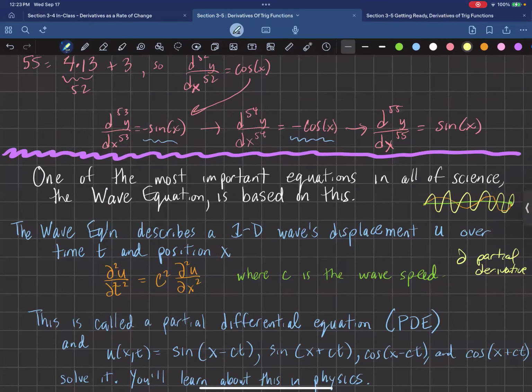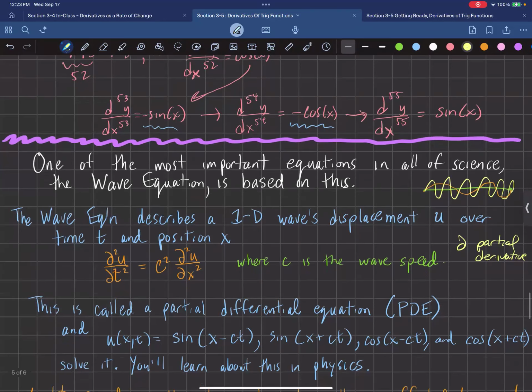But equations in the form sine of x minus ct, sine of x plus ct, cosine of x minus ct, and cosine of x plus ct all solve this equation. And you'll learn about this in physics. In Calc 3 or higher classes, we will actually look at a three-dimensional wave, not just along a string, but maybe a wave in the ocean or something like that.